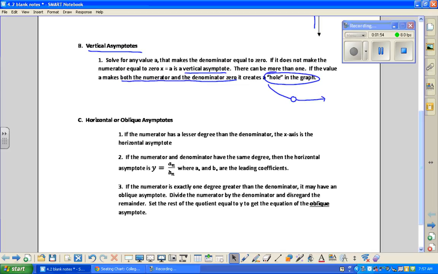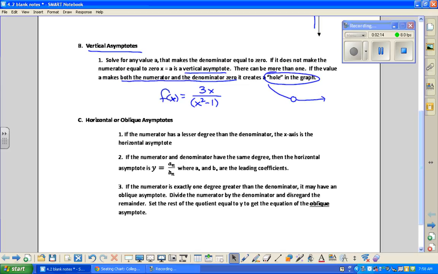When we say right here there can be more than one, if we were to look at a case where we had 3x over x squared minus 1 as a function, there are two places, right?